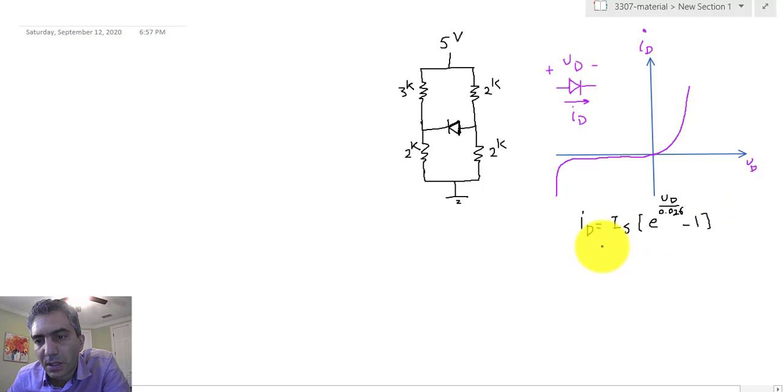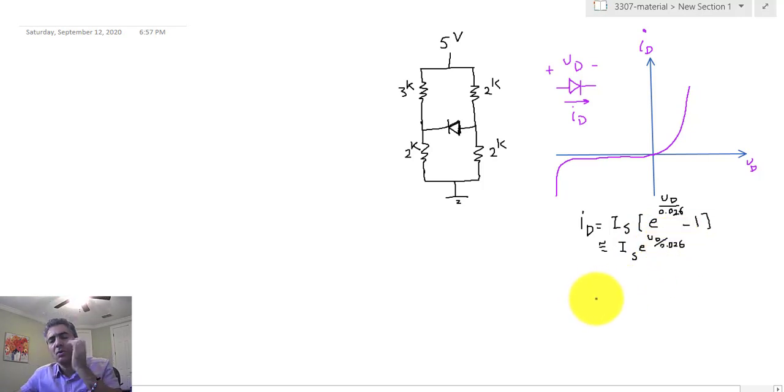And then we also discussed that for the most part we can ignore that minus 1 and rewrite that equation approximately as IS times e to the power of VD divided by 0.026. So this really is the equation that you can use, in the algorithm that we have described before, when it comes to writing the equation for the diode.